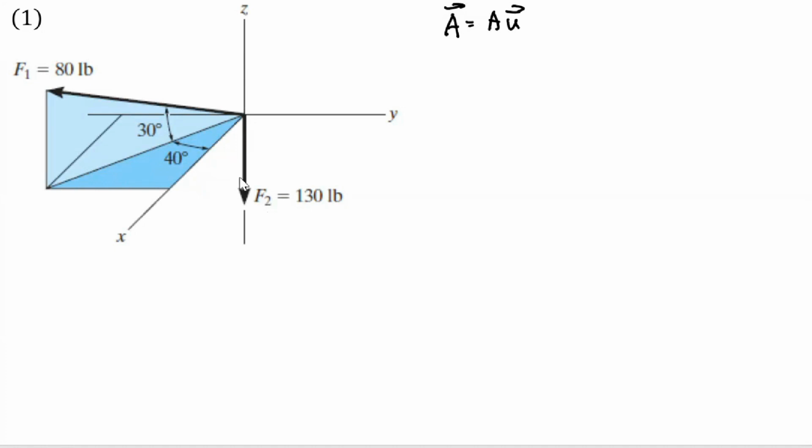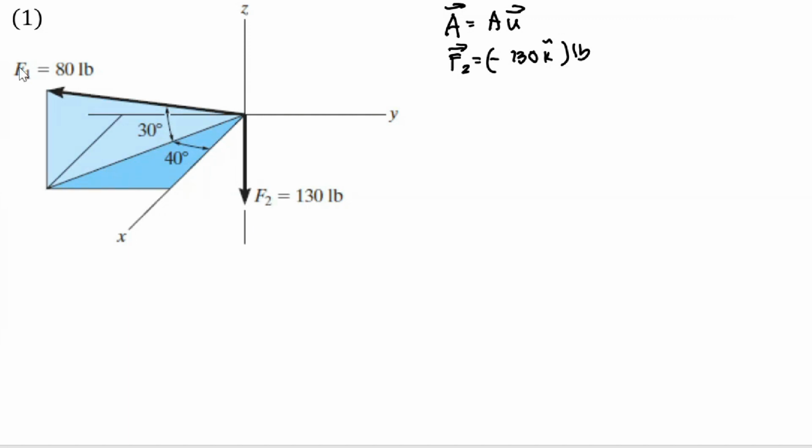Since F2 is on Z, what will be the answer for F2 here? What is its direction? Negative K. Okay, the direction is negative K, so I put the negative, and that will be k hat. That is its unit vector. And the magnitude is 130 pounds. So that is all for our F2.